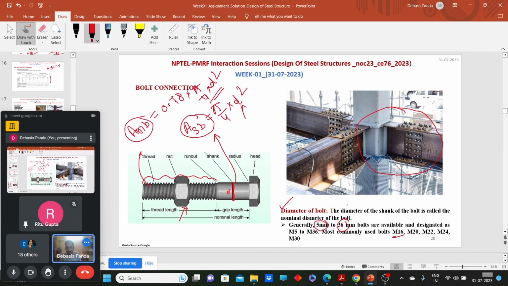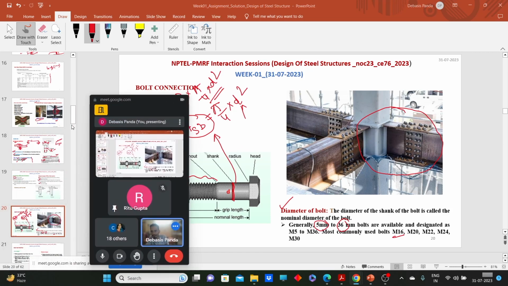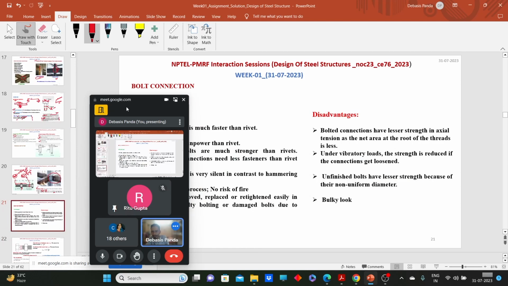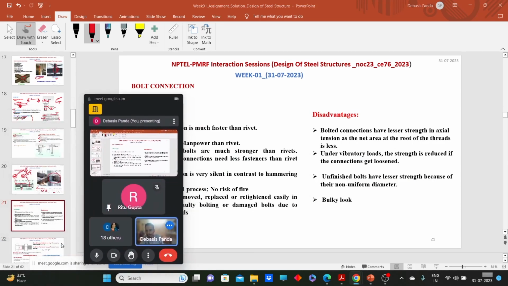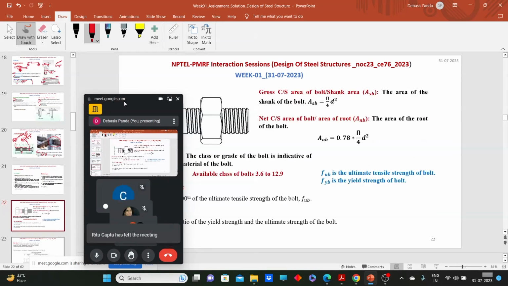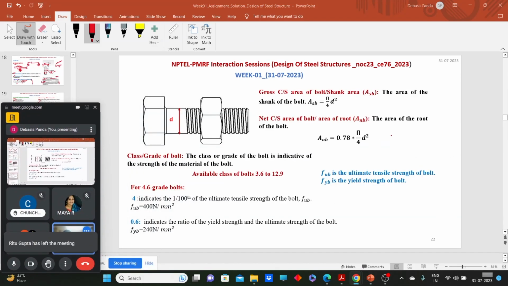Okay. Now, till now, from the bolt dia we can understand, yes, this is the size of the bolt. Now, how we can understand the strength of the bolt or the material strength of the bolt? So for this we have another parameter, like we call them grade or class of bolt, a very important parameter of the bolt.